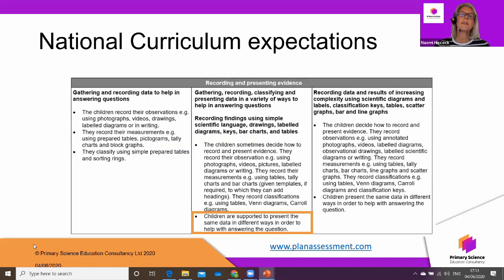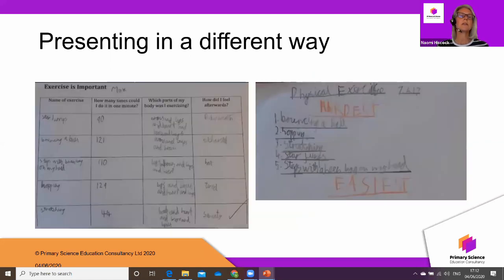The very last bit that I'd like to talk to you about is this statement here: children are supported to present the same data in different ways in order to help with answering questions. And you can see that the same statement is there in year 5 and year 6, but they're not supported, they're doing it independently. I'm just going to give you one example of this. You can see here that Max was doing a range of different types of exercise and gathering quite a lot of different data.